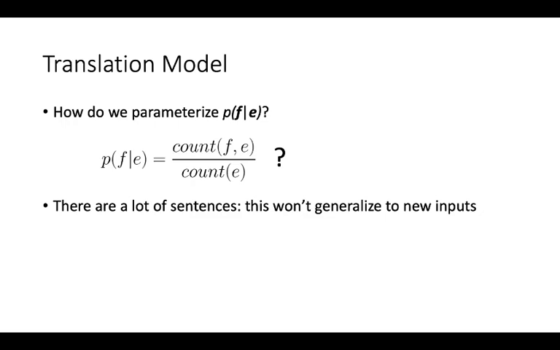But there are a lot of sentences, and it wouldn't generalize to new inputs. It can only estimate the lexicons that exist in the training data. But for a neural model that we will cover in a later part, using distributional embeddings can help to generalize to new outputs.